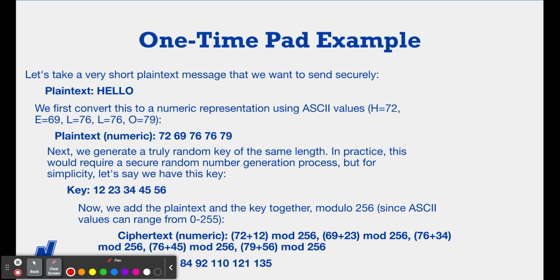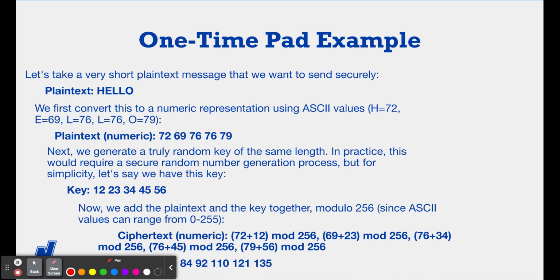For the sake of this example, let's just say that we have a key of 12, 23, 34, 45, 56, just for this example. Each of these key values corresponds to a character in our plaintext. Now to encrypt our plaintext, we add the plaintext and the key together, performing the operation modulo 256.